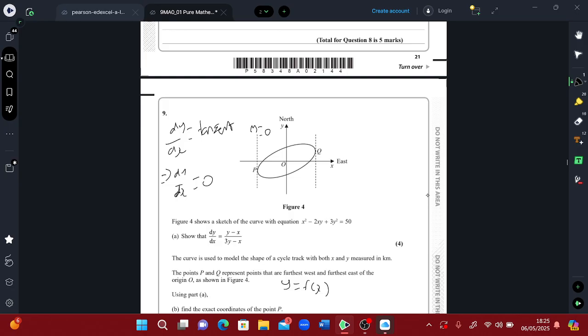I'm going to check that actually. I don't know unless I'm missing something. I don't know why it says exact coordinates when you just get a whole number. Let me check that for a second.